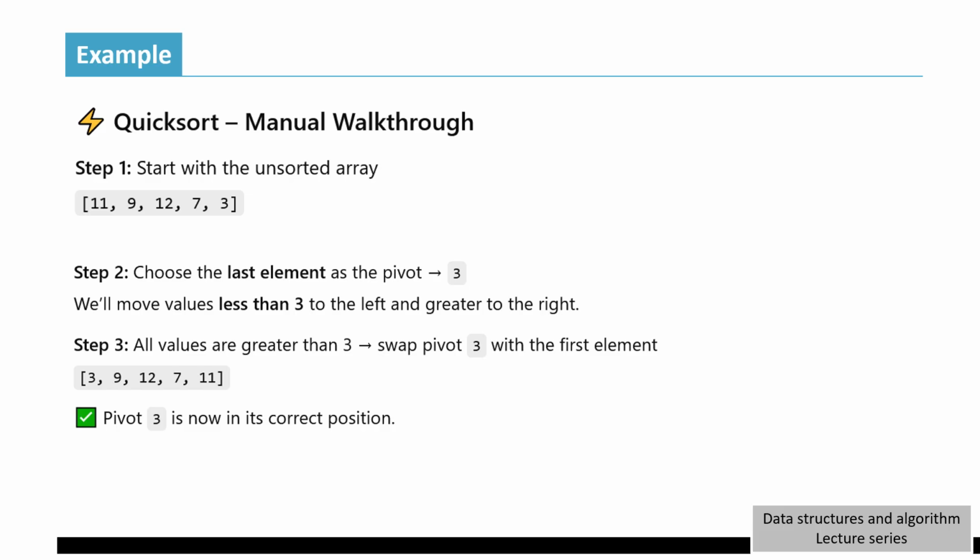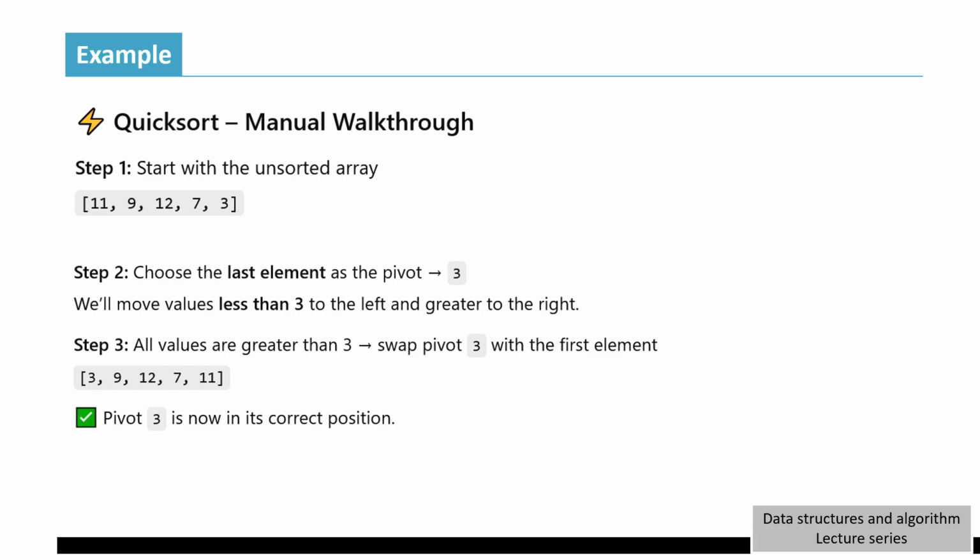So let us break down how quicksort works step by step. Let us see that this is an unsorted array: 11, 9, 12, 7, 3.